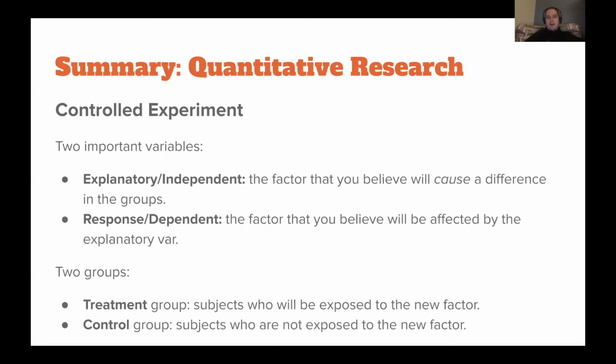In terms of terminology, when you have a controlled experiment, basically you have the explanatory variable, or the independent variable. I think independent variable is usually more common. This is the factor that you believe will cause a difference. So in our example it is whether they are using the old app or the new app. That is the independent variable. Why is it independent?